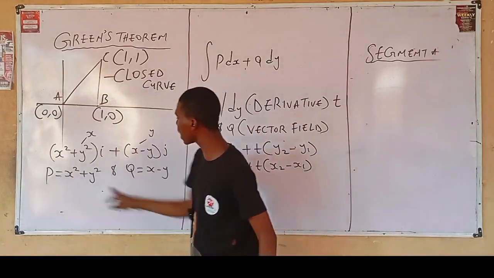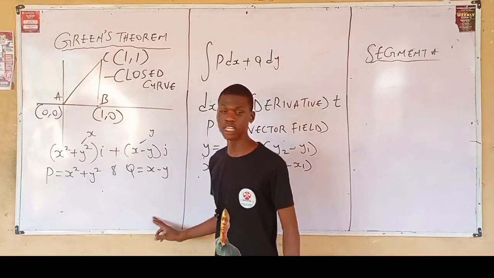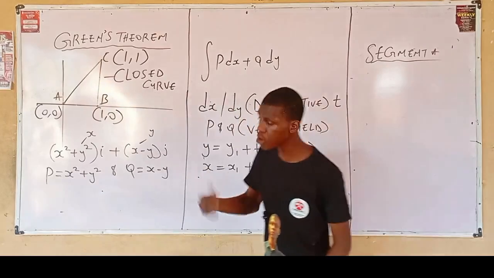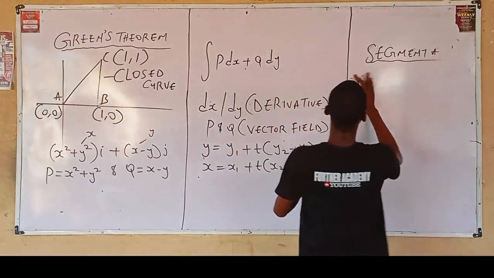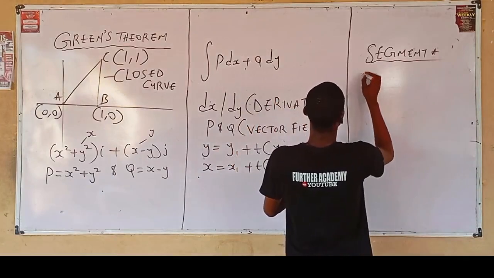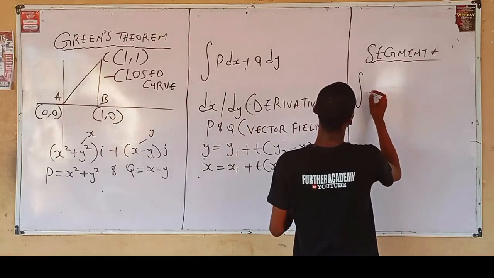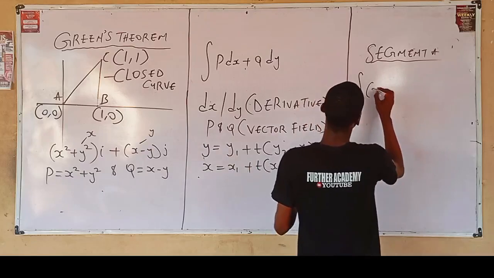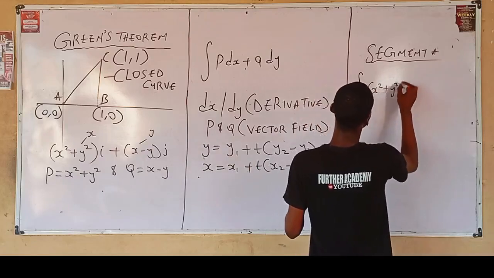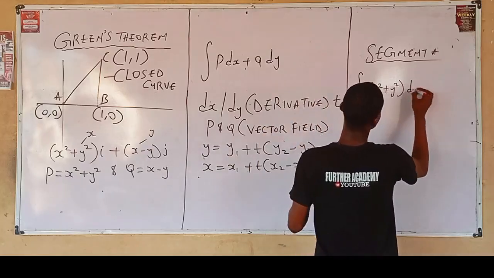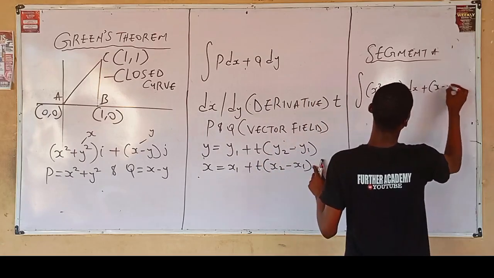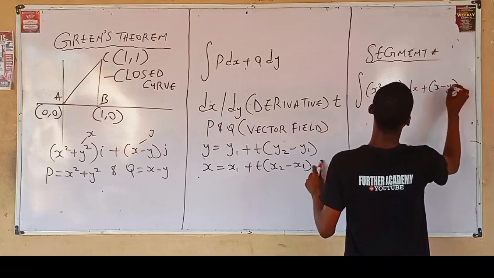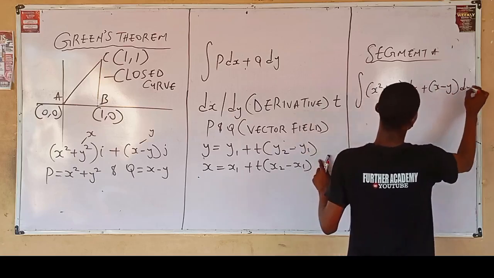P and Q remain constant across any segment. Now, let's substitute. For segment A, I have that integral. Let's substitute our function of P. That becomes x squared plus y squared dx plus my Q, which is x minus y, then dy, right?